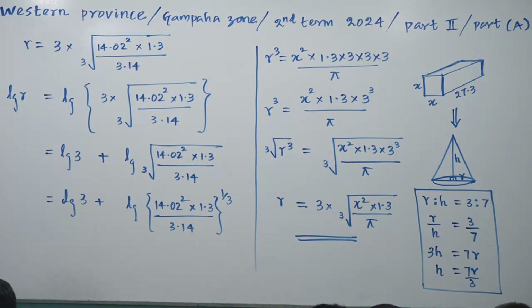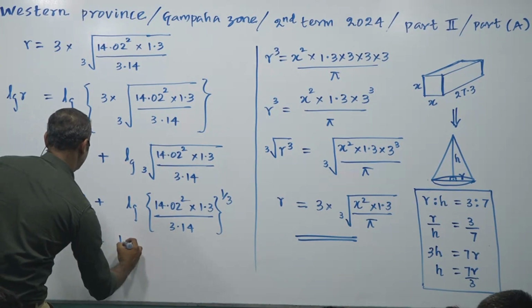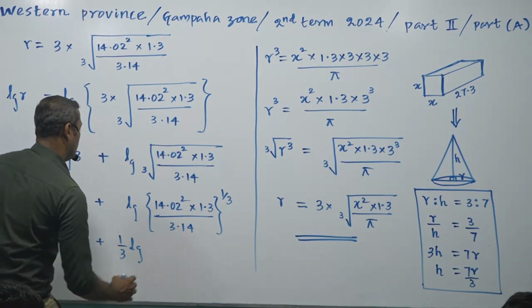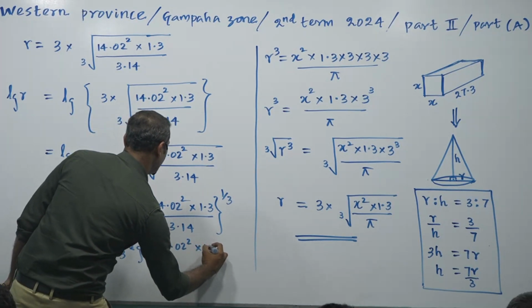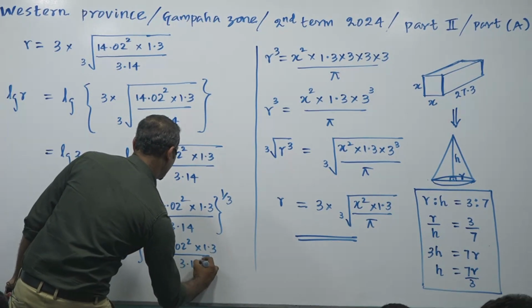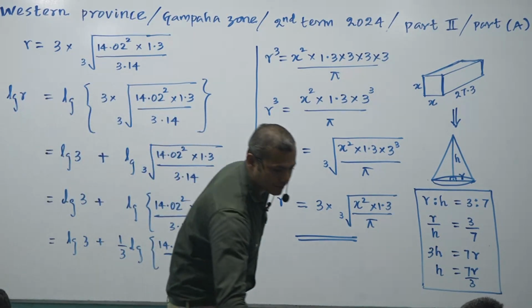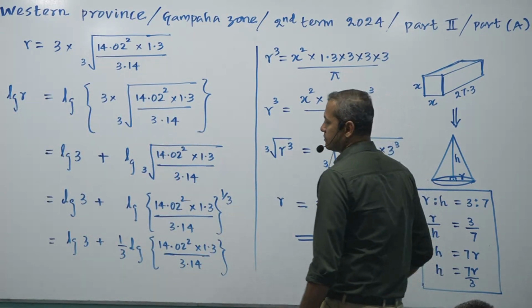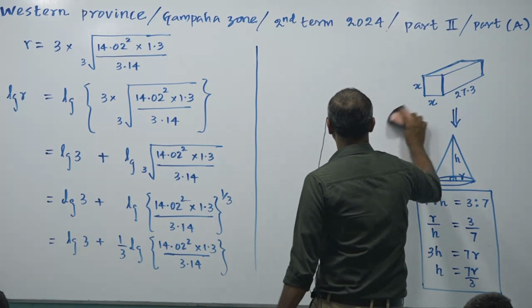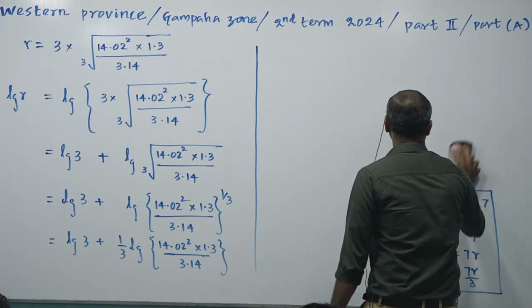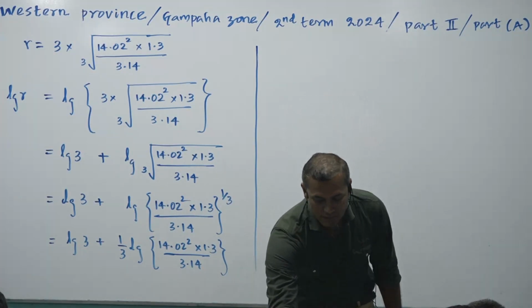Then lg 3 plus 1/3 lg of all this, 14.02 squared into 1.3 over 3.14, like this.